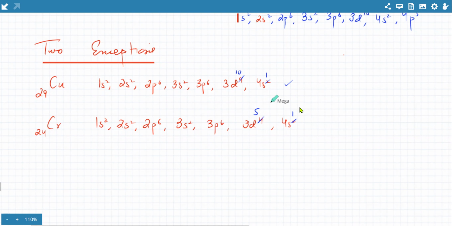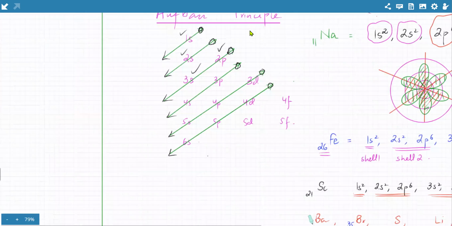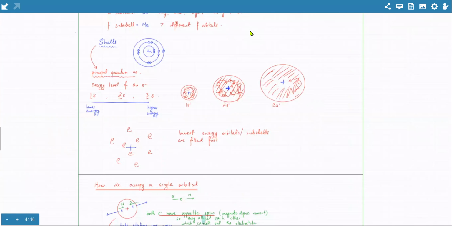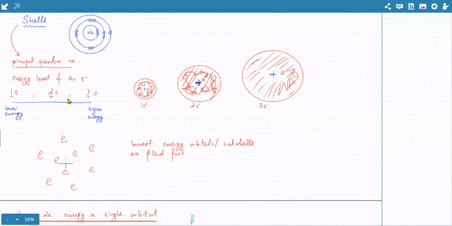Usman, yes, the 1s means it's the first shell. What we talked about shells was that shells are energy levels. 1 means that the energy level is low, 2 means the energy level is higher, and 3 means the energy level is even higher.